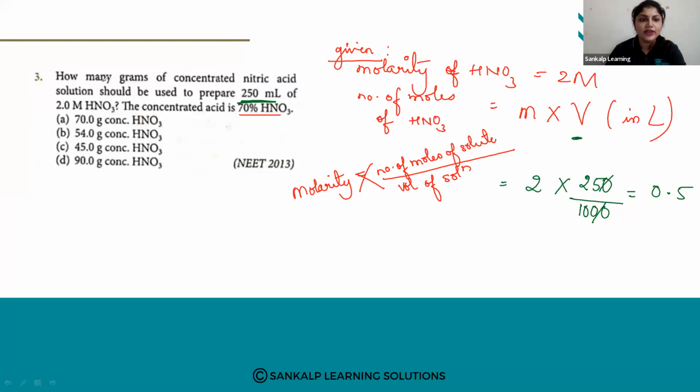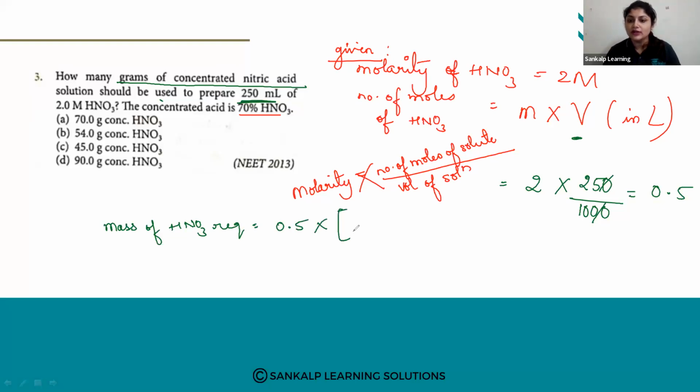Then the next step: they have asked how many grams of concentrated nitric acid solution should be used. We have found the number of moles. Now you have to find the mass of HNO3 required to prepare this much solution. So the mass of HNO3 required is 0.5 into the molecular weight.